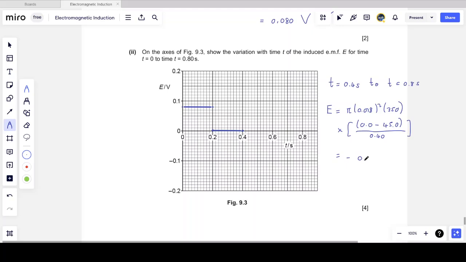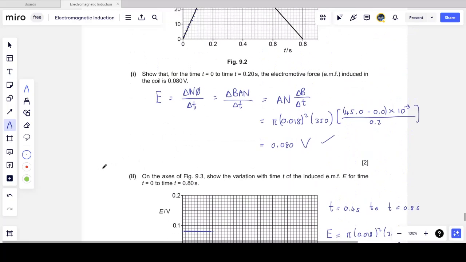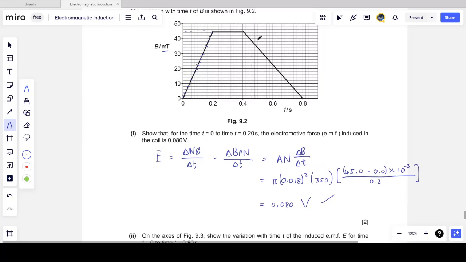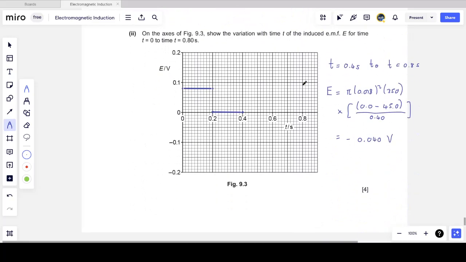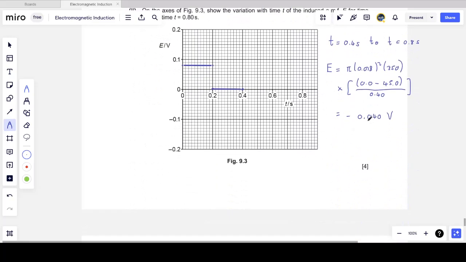So I'll get 0.04 volts. But now the minus sign is very important because initially the gradient was increasing, now the gradient is decreasing. If the gradient is decreasing, then I have a negative EMF produced, current moving in the opposite direction, it's flipping direction.